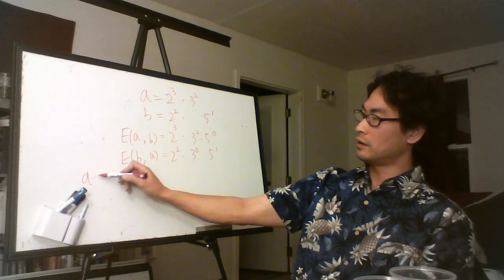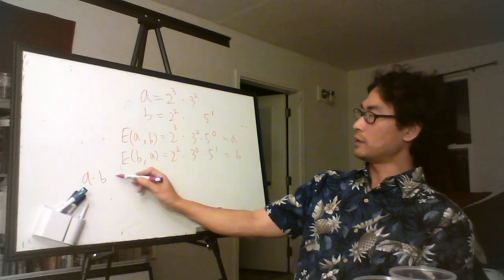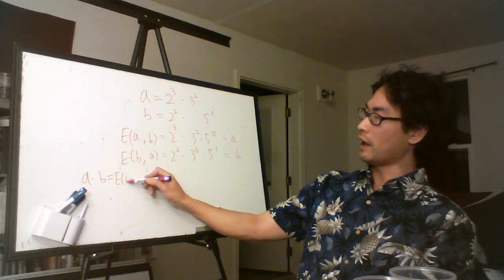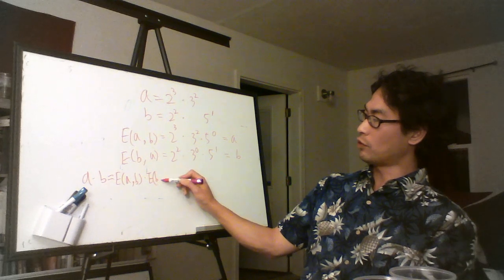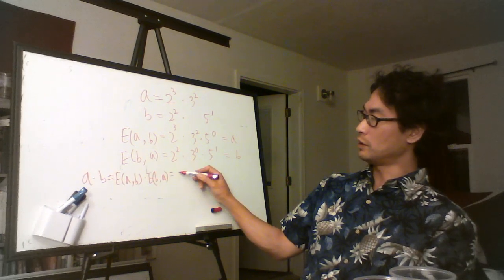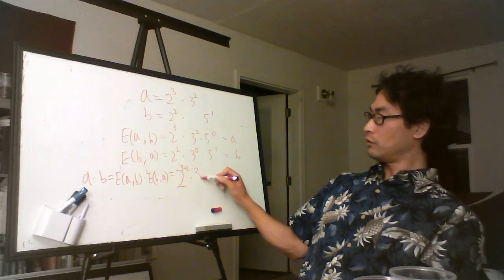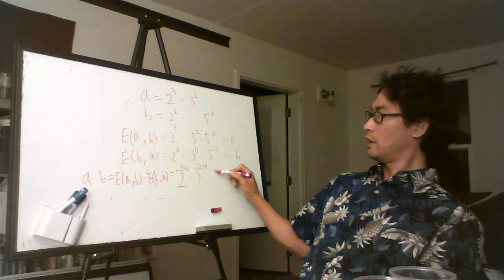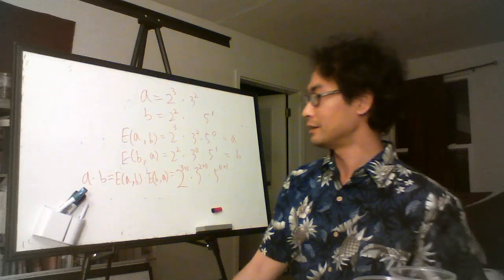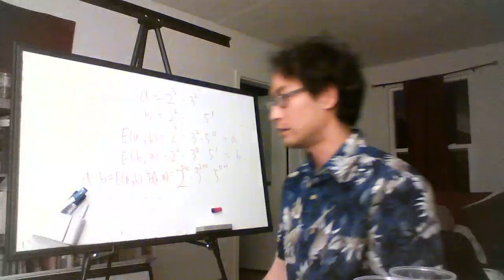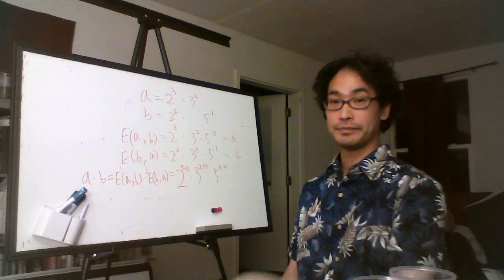Now a times b, and that's a, right? That's b. A times b is equal to expansion of a toward b times expansion of b toward a, which is equal to 2 to the 3 plus 2 times 3 to the 2 plus 0 times 5 to the 0 plus 1. So that's why we need this expansion function, right? Because it's convenient for us.